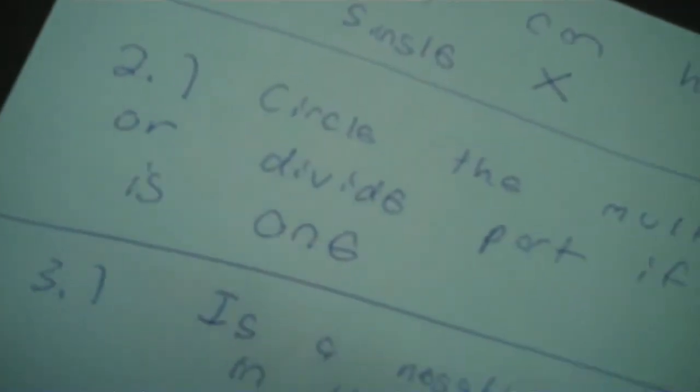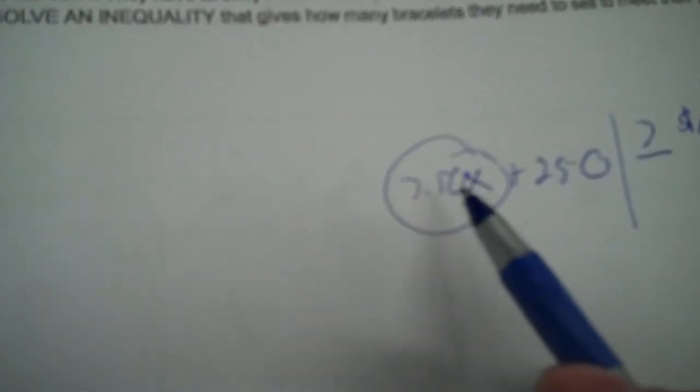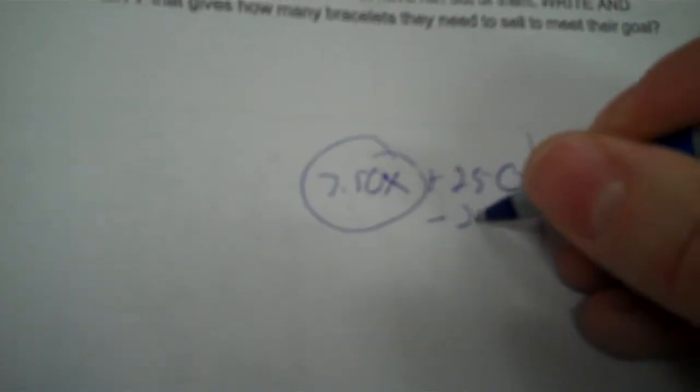And now we solve it. It's written. We set it up. Circle the multiplier divide part of that. You have multiplication there. Do you have a negative in there? Nope, so the sign lines up the same. Plus 250, you need to minus 250. So that would be 250.